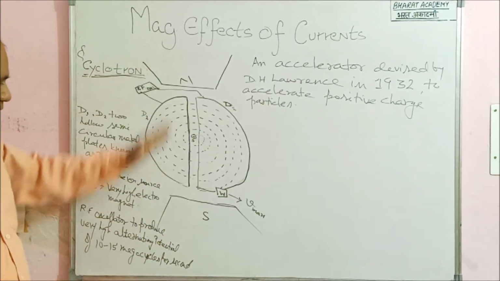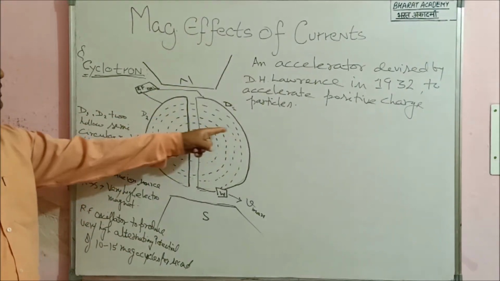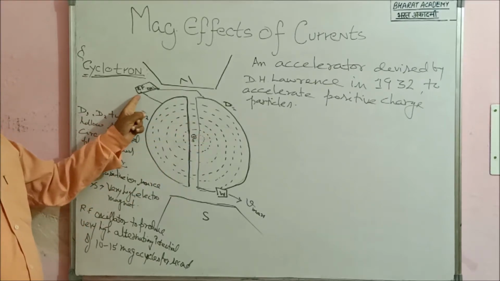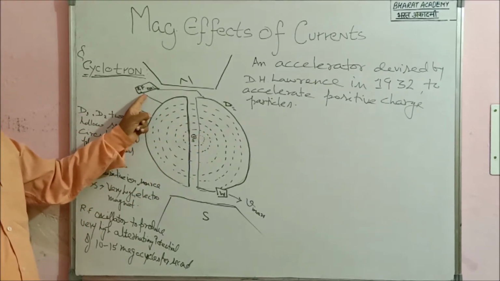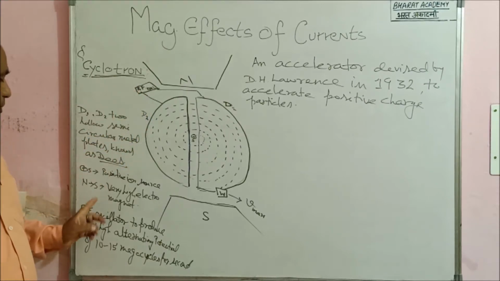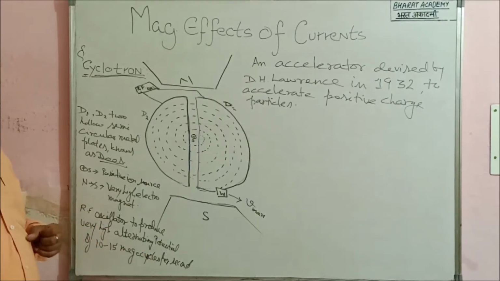So far as its construction is concerned, it is quite clear. It consists of two semicircular metal Ds, which are connected to a radio frequency oscillator, which produces a very high potential difference of the order of 10 to the power 5 to 10 to the power 6 volt, and with a frequency of 10 to 15 megacycle per second.